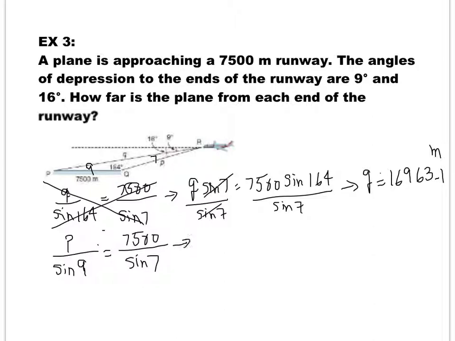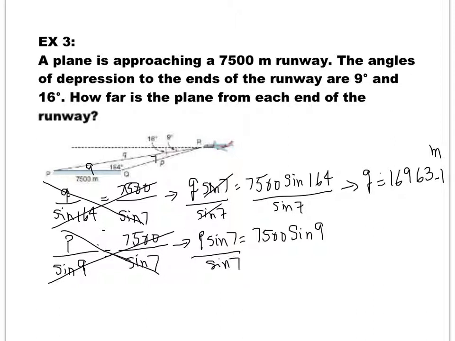So crisscross again, I get P sine 7 is equal to 7500 sine 9 divided by sine 7. We get P is approximately 9,627.2 meters.